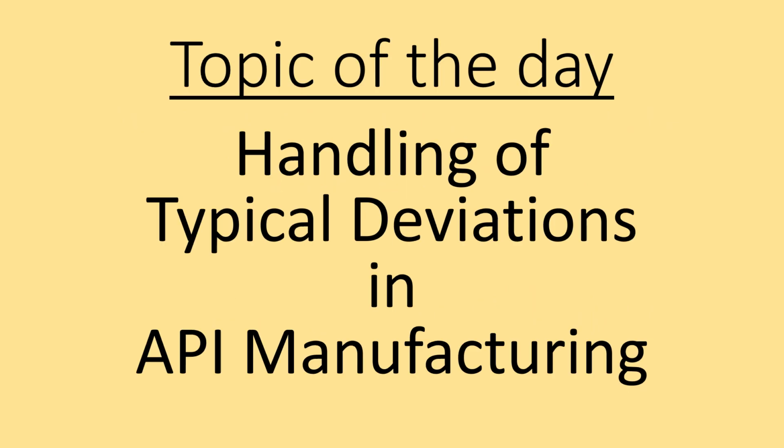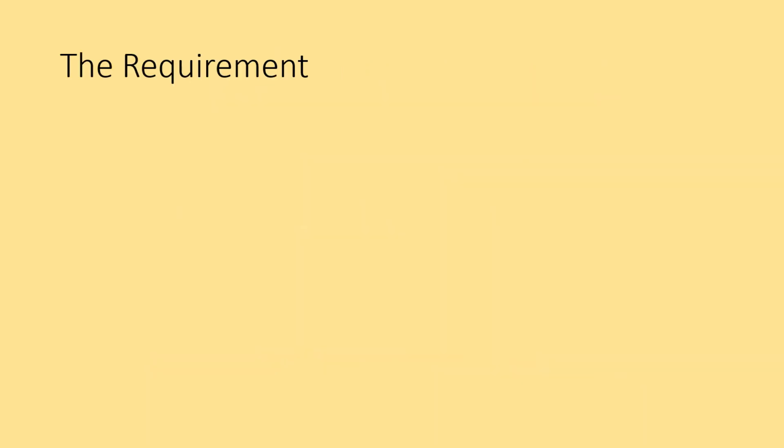Today's topic is handling of typical deviations in API manufacturing. The ICH Q7 recommends in several sections to initiate a deviation investigation to find out the root cause of the deviation.